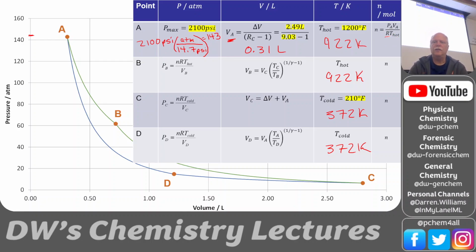Let's calculate how many moles of gas we have in there because we know the temperature, we know the volume, and we know the max pressure. So let's use the gas law to calculate our number of moles. We've got 143 atmospheres in 0.31 liters.